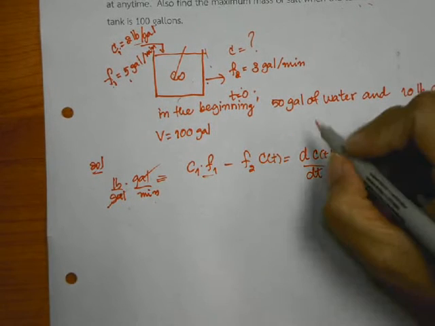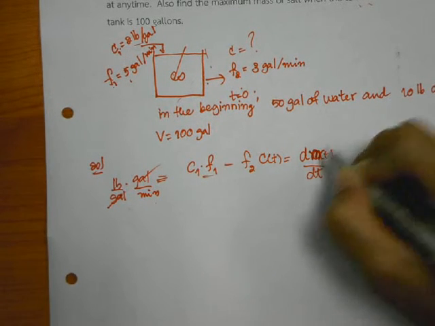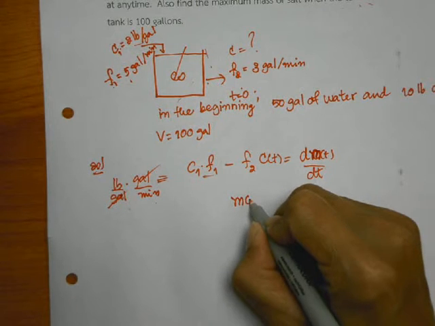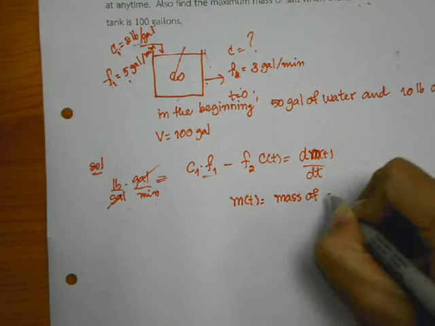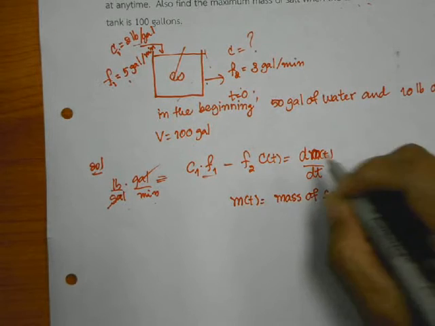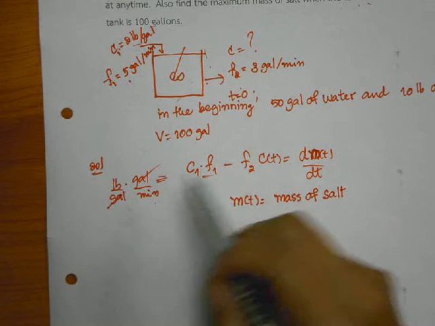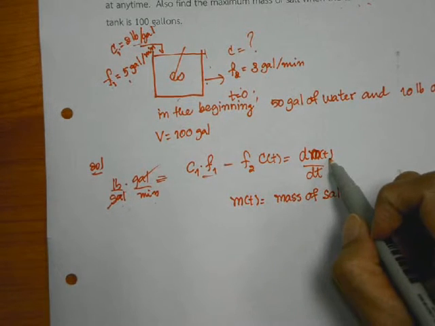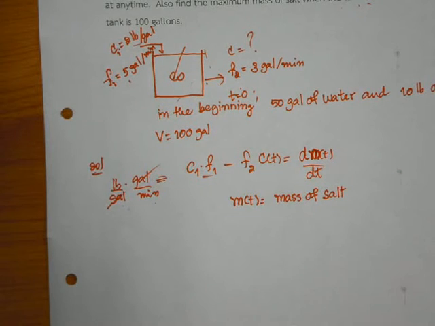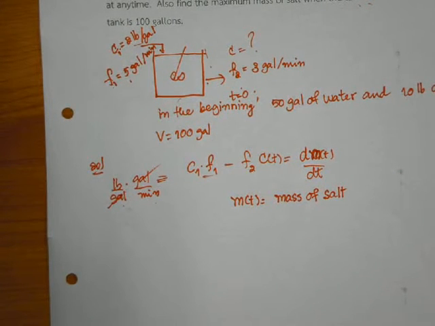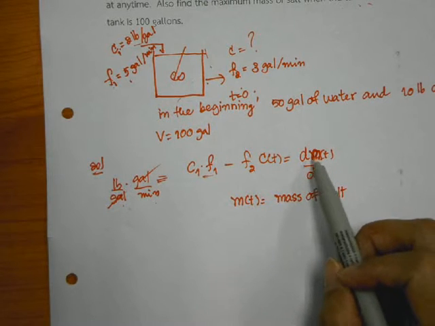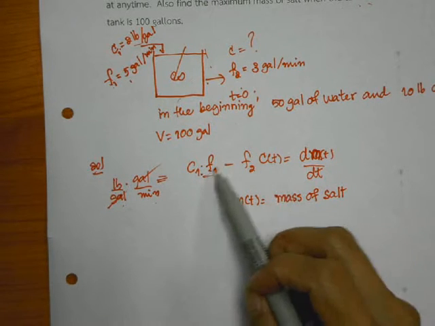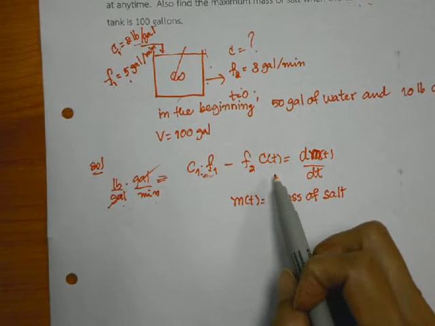Sorry, dm, not dC. M is mass. M(t) is the mass of salt. I can't use C(t) because C has the unit of pounds per gallon. I want to make the unit here the same as whatever is on the left side.